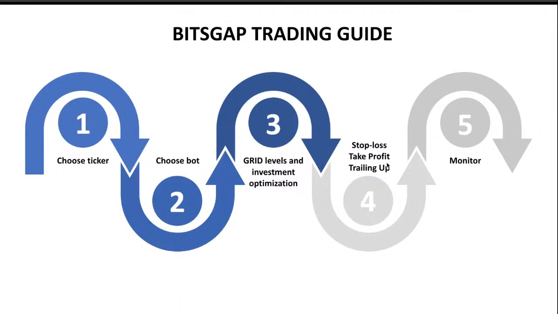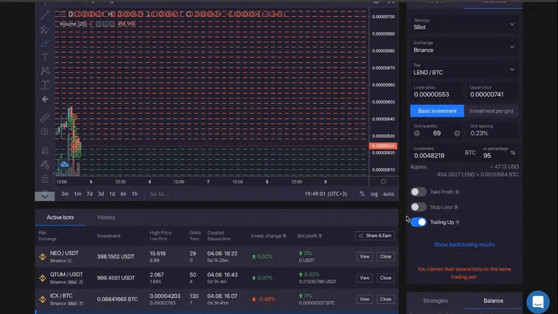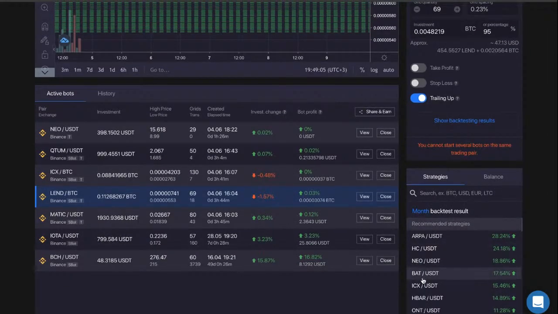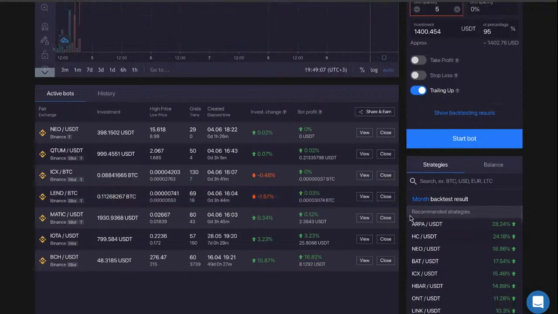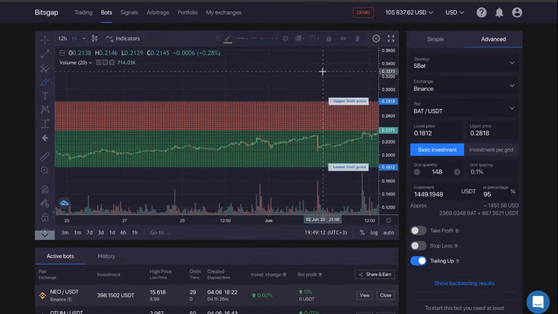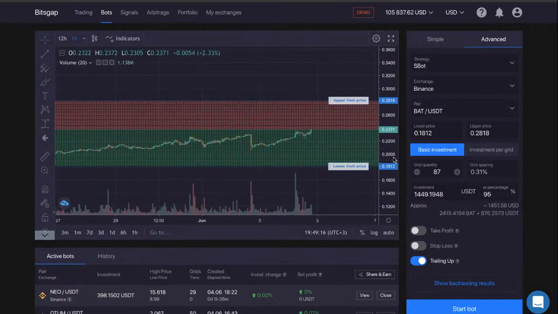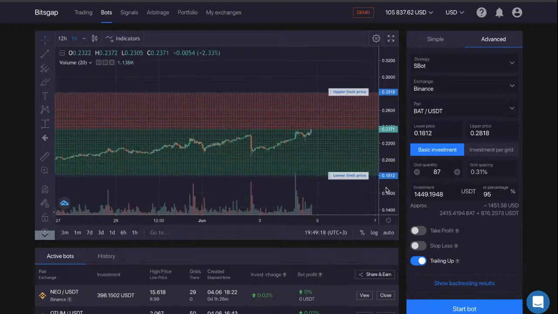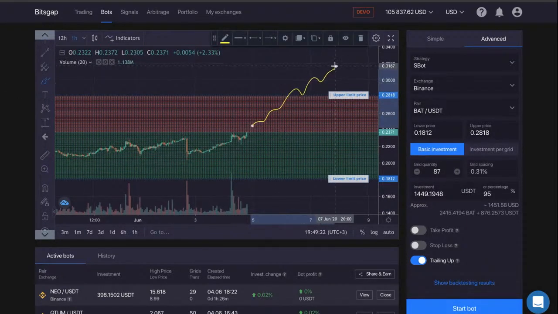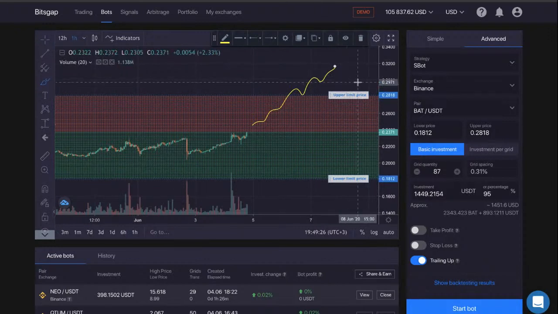And yeah, regarding the stop loss and take profit, let's use Basic Attention Token trading to USDT, and let's say we want to initiate this bot, and I have a trading up function on, which means that if the price continues the upside momentum, my trading range will follow accordingly.